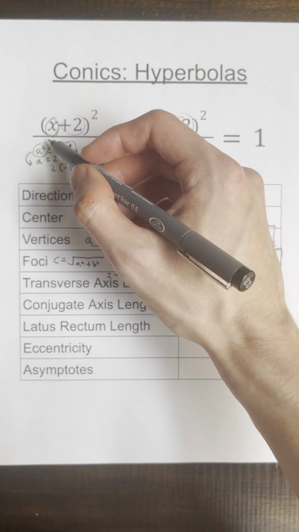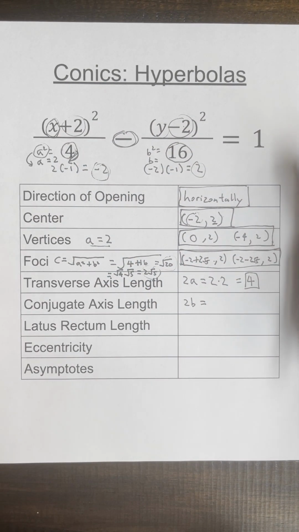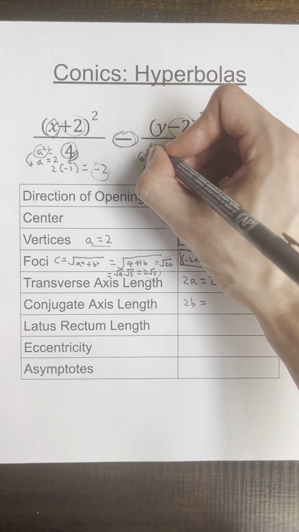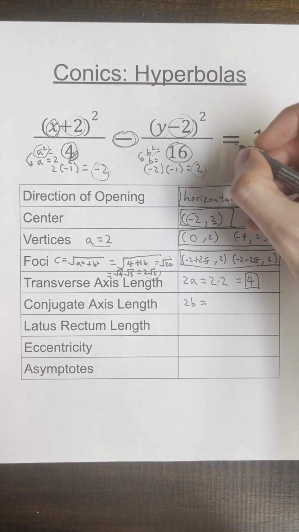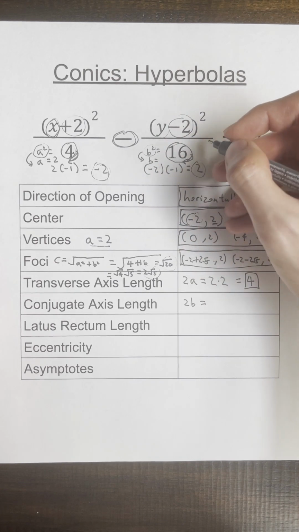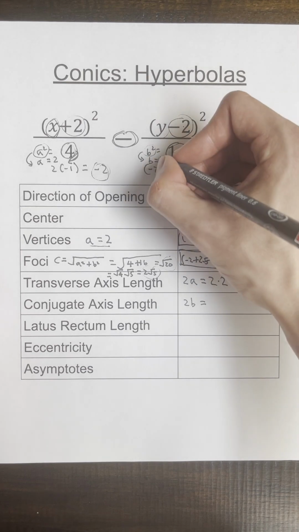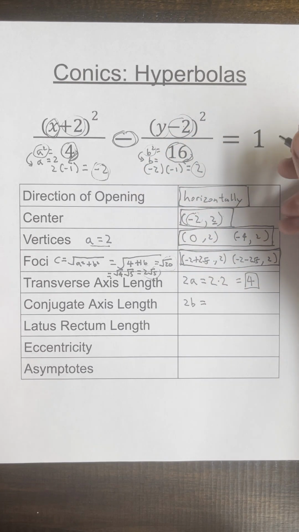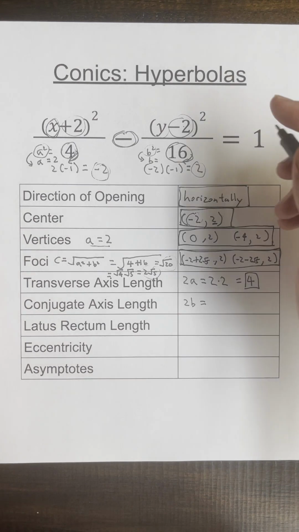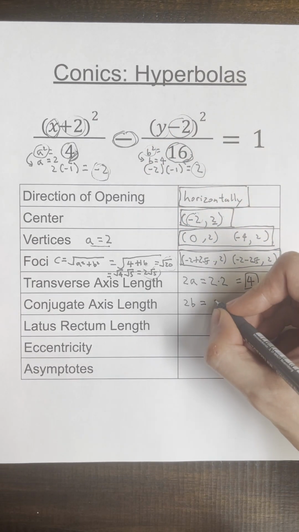Here's a hint. Repeat what we did here. So to go from here to here, I need to take the square root of this side of the equation, which means to go from here to here, I need to take the square root of 16. And the square root of 16 is just, well, how much is it? The square root of 16 is 4, because 4 times 4 is 16.